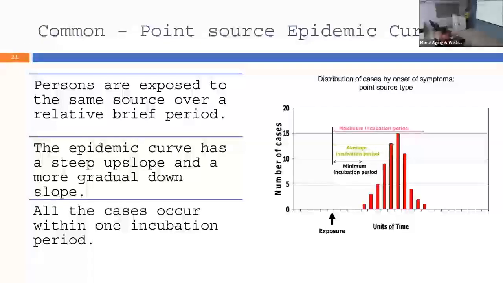It's the persons who ate it, because it's point source. Oh, she brought home the salad and you ate some. Well, that complicates matters. But this is point source.